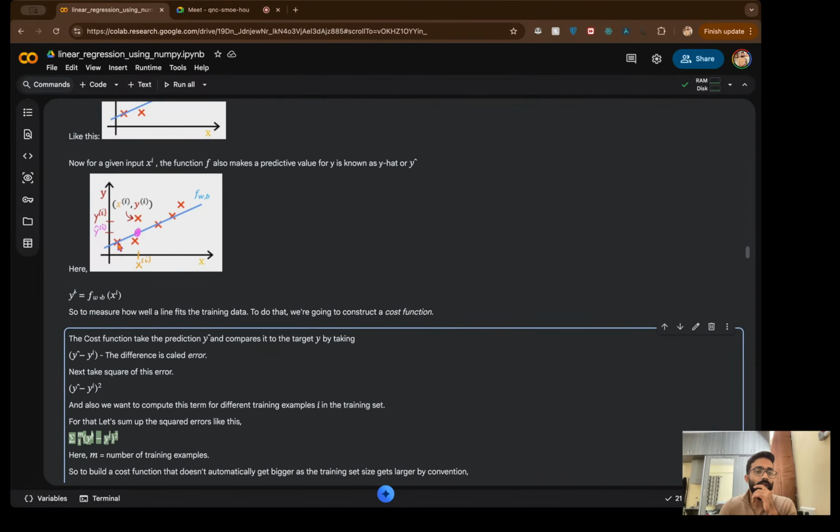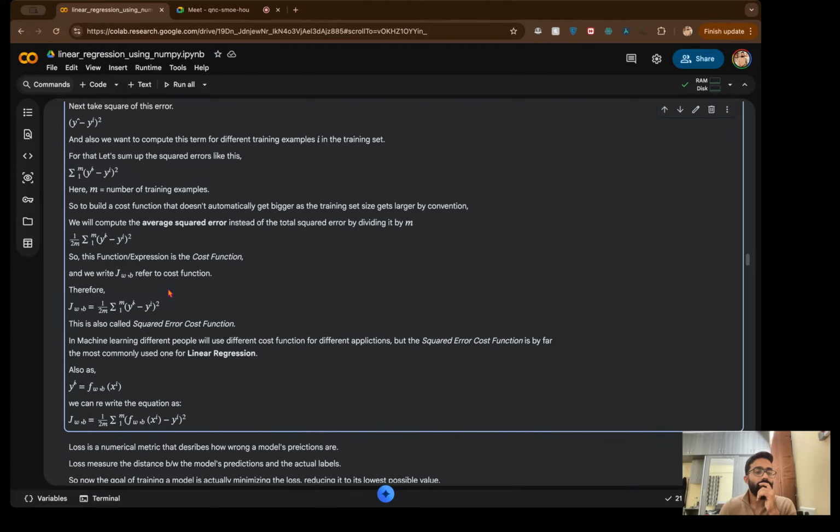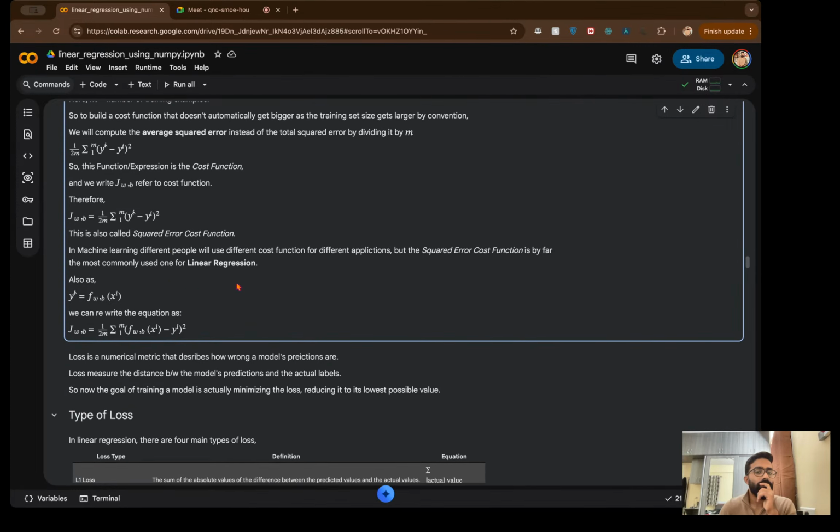Here the difference is 0, here there is some difference, and we are taking the sum over all of the training examples. That's how we will know whether our function fits the data well or not. We are taking the difference from the model, and we are taking the average of it. That is our cost function or loss function.